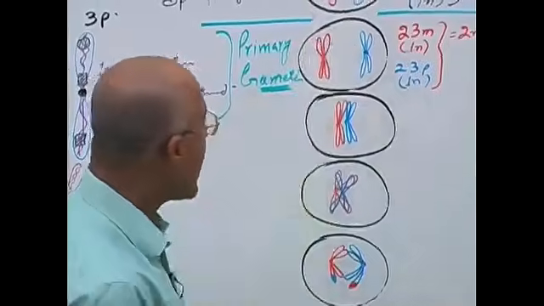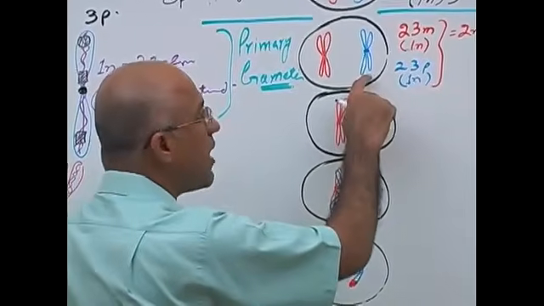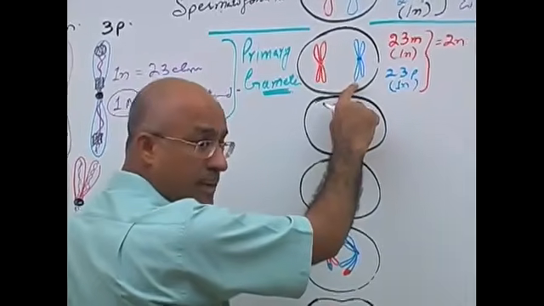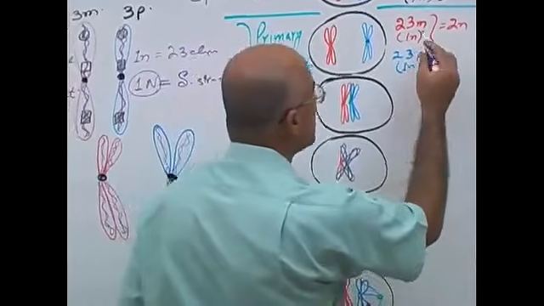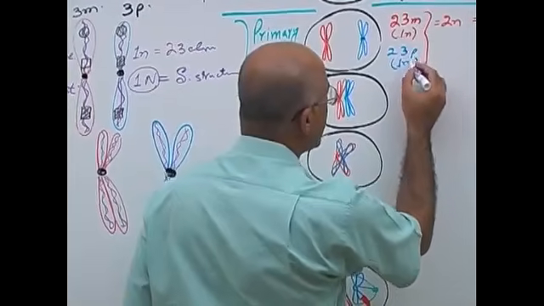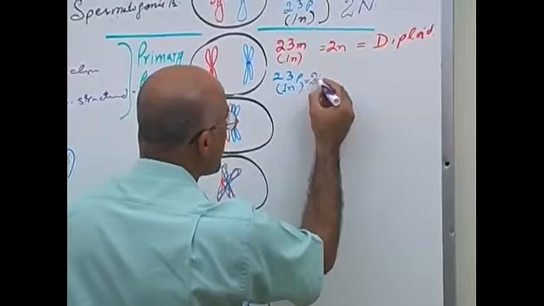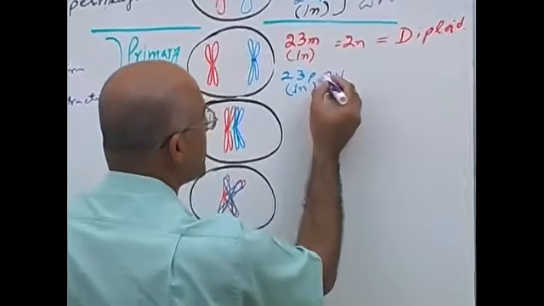Is that right? And in the same way here, now 1n has become 2n. So 2n in the paternal set of 23 chromosomes, so we can say this is actually 2 capital N amount of DNA.